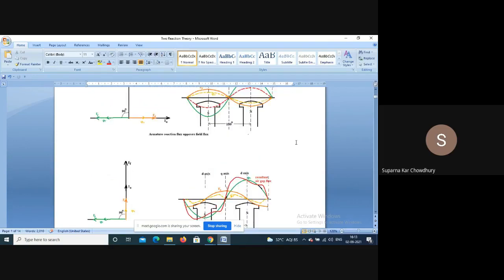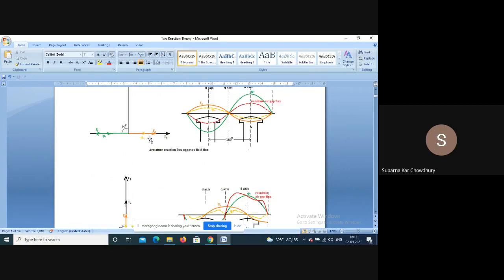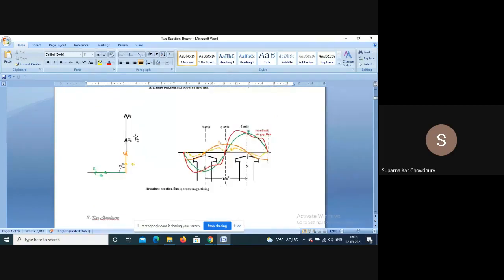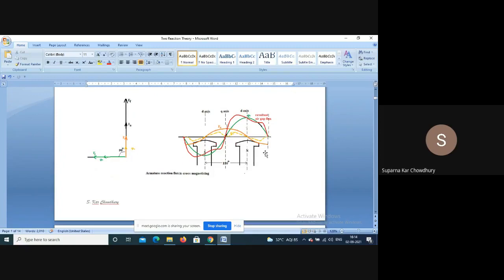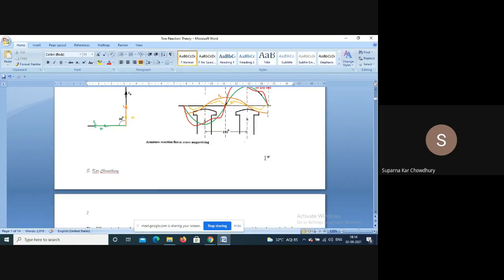So the effect of the current which is 90 degrees to the induced EMF will be either magnetizing or demagnetizing depending on the power factor. The effect of the current which is in phase with EF, the corresponding armature reaction, will be mainly distortion. It is a cross-magnetizing effect.